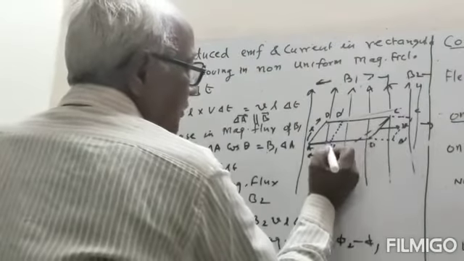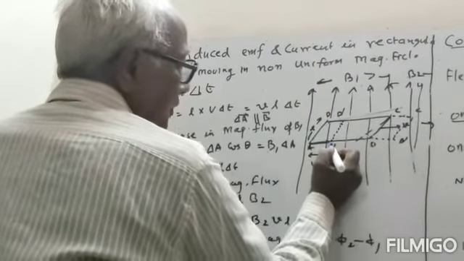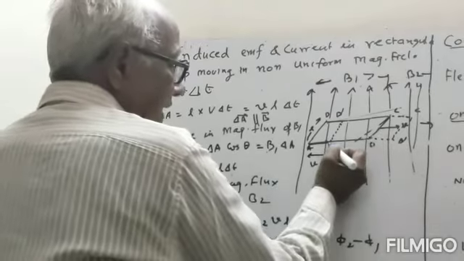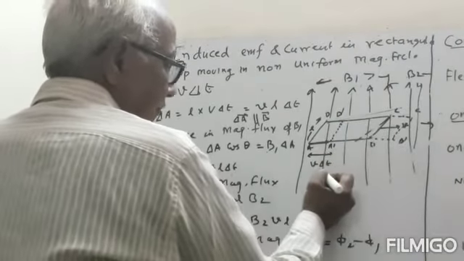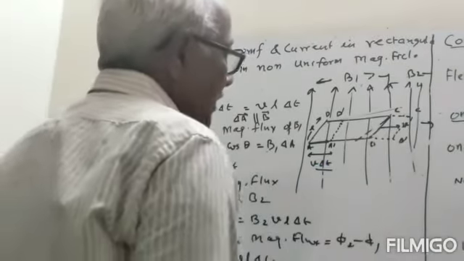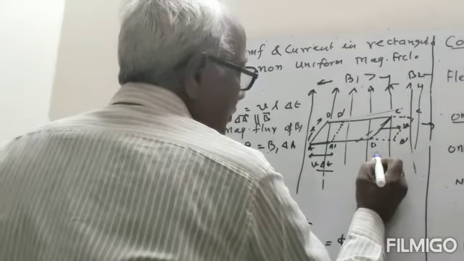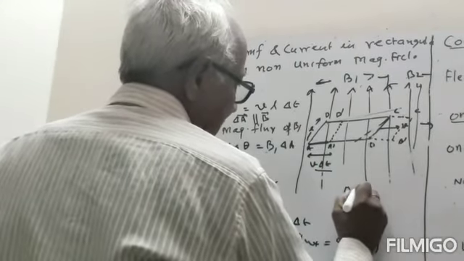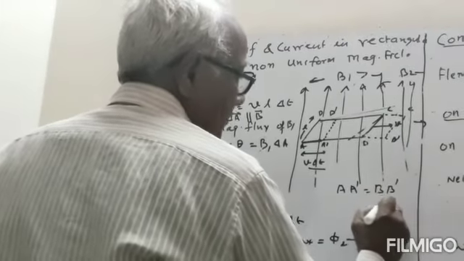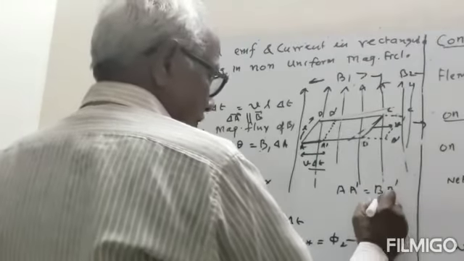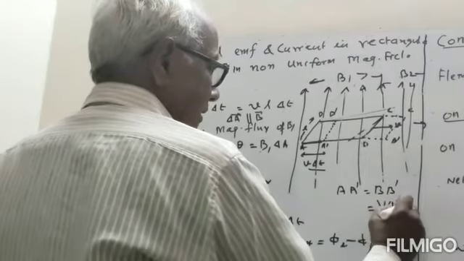This will be the new position after time t: A dash, B dash, C dash, D dash. Here also A dash B dash is equal to v delta t.